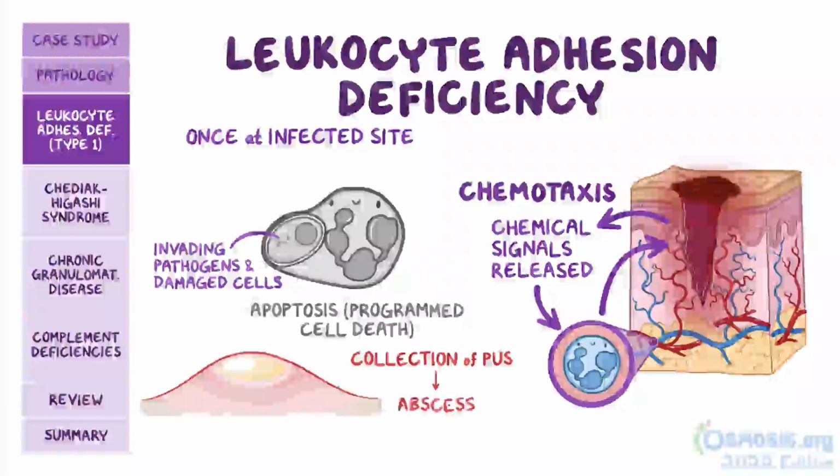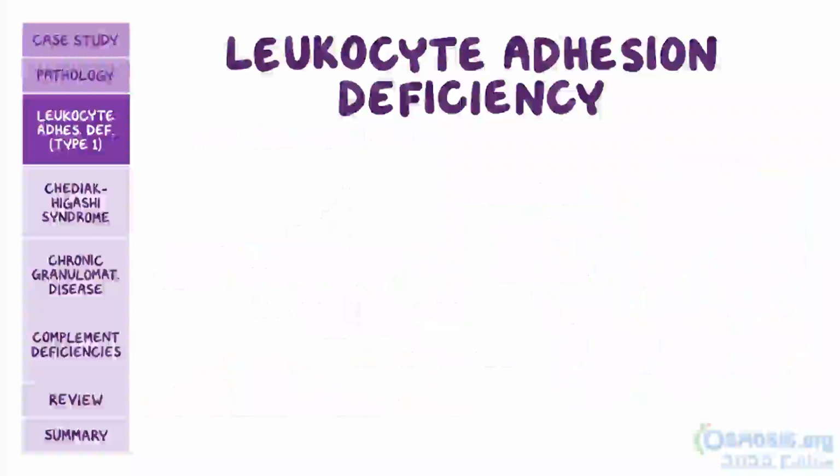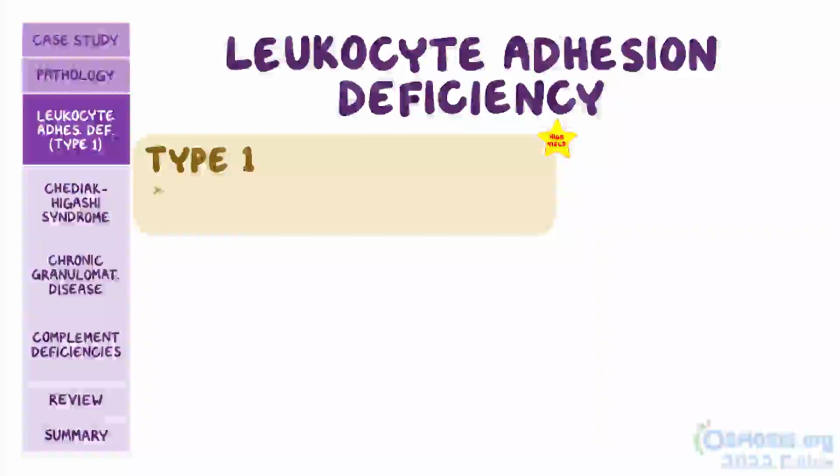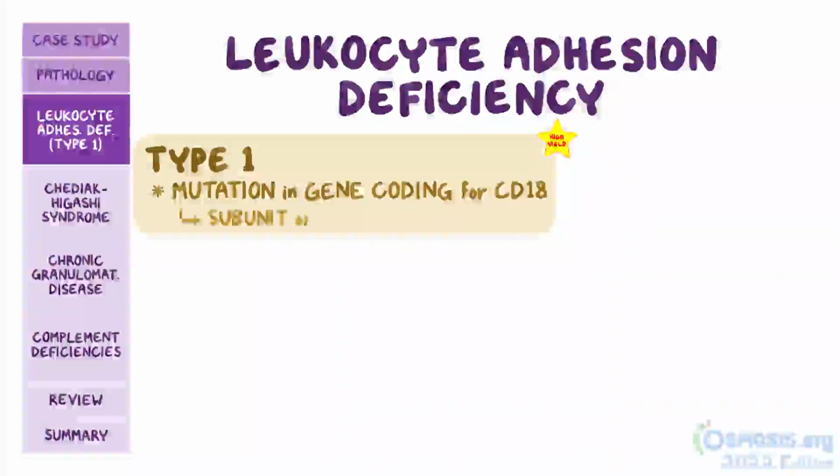Now, there are many types of leukocyte adhesion deficiency, but the most common and high-yield one is type 1. So, type 1 leukocyte adhesion deficiency is caused by a mutation in the gene coding for CD18, which is a subunit of integrin molecules.